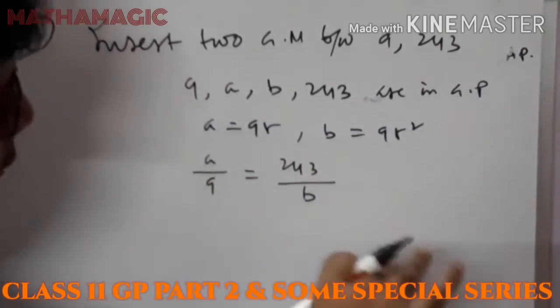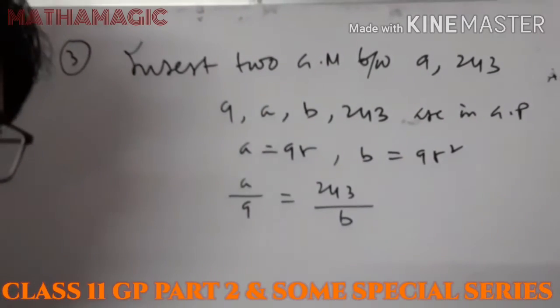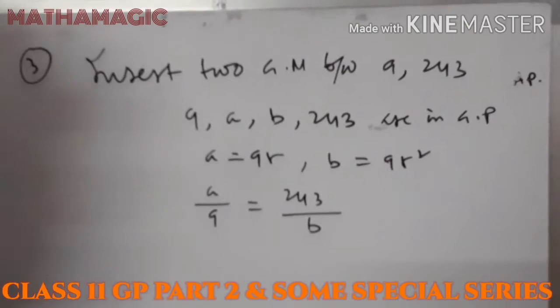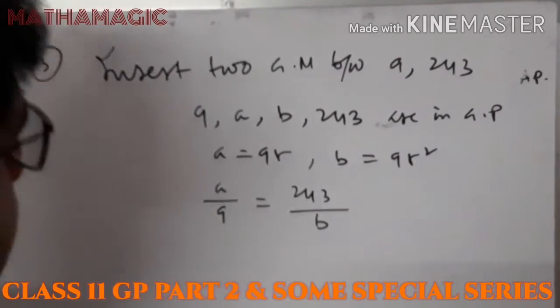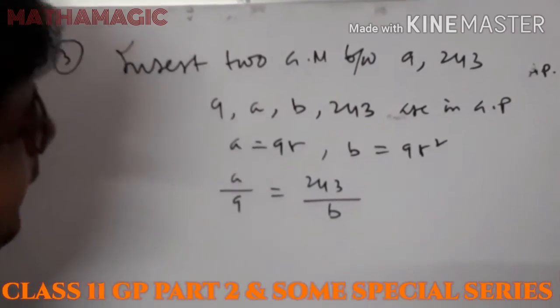Whatever number of geometric means are inserted between two numbers, those numbers will always be in GP. In case of AP the same rule follows.